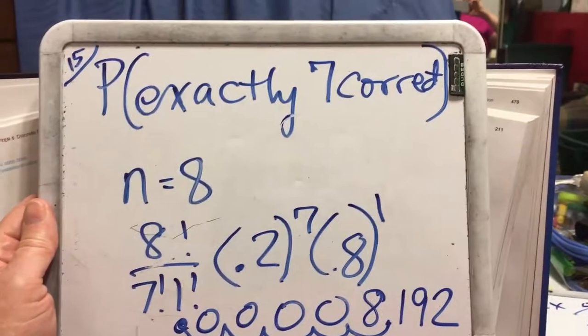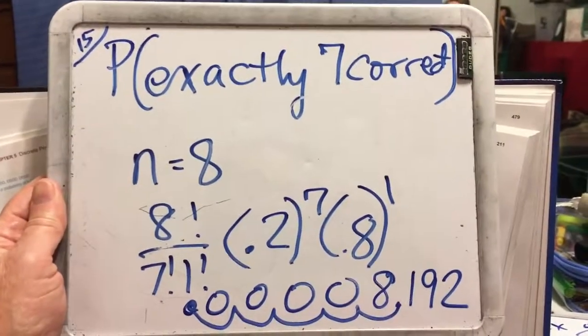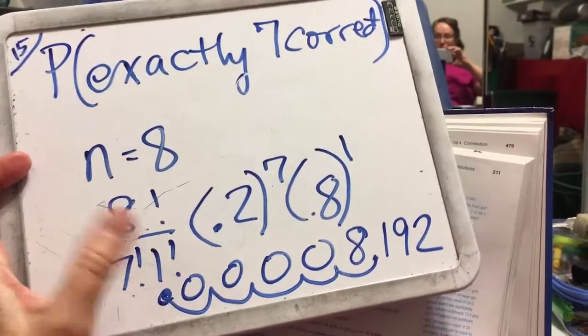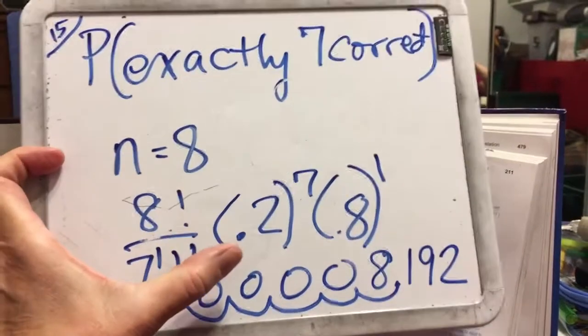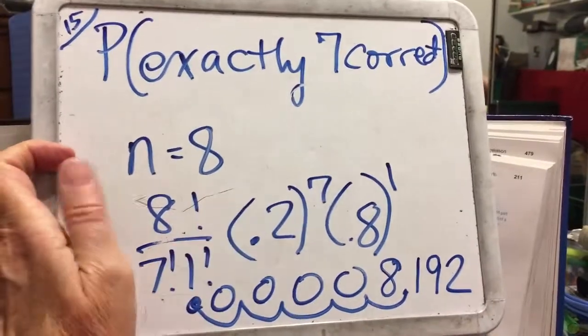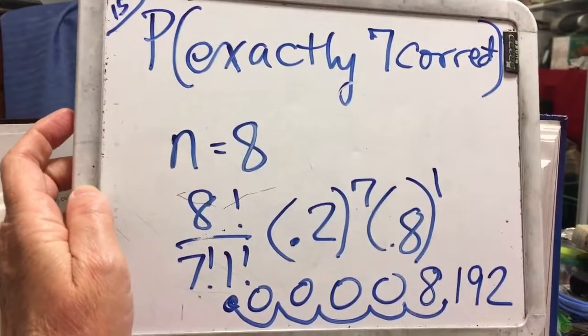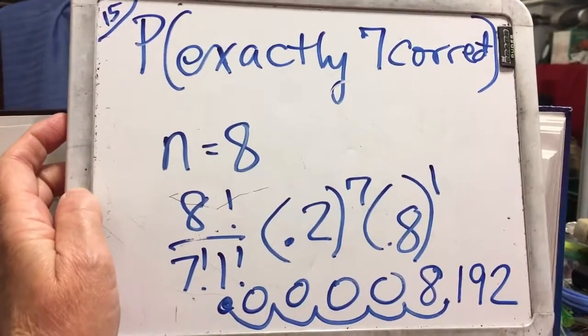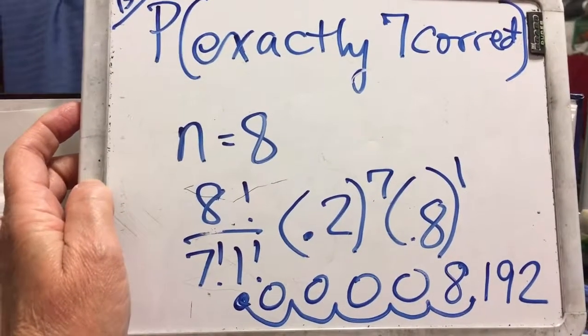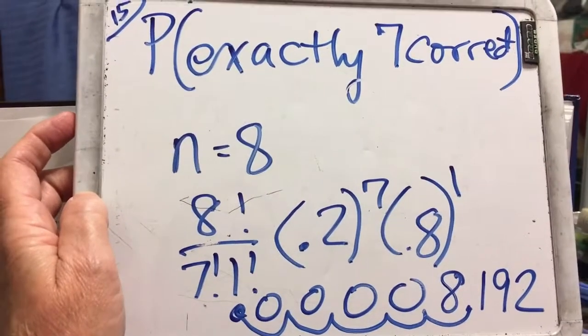Okay, the probability of exactly 7 correct out of 8 is going to have an 8 factorial over a 7 factorial times a 1 factorial. And then over here we have 0.2, the probability of success, raised to the 7th power, and 0.8, which is the probability of failure. Remember, the probability of failure is going to be 1 minus the probability of success.